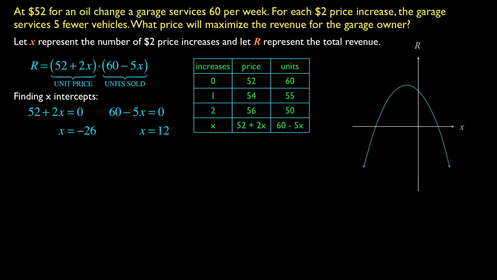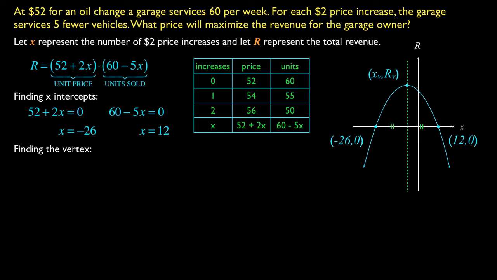Now, graphically, it's going to look something like this, where I have an x-intercept at (negative 26, 0), a second x-intercept at (12, 0), and in order to find the vertex, I recognize that the vertex sits on the axis of symmetry that splits right down the middle of that parabola. And that axis of symmetry marks a location where points are equidistant from each other.